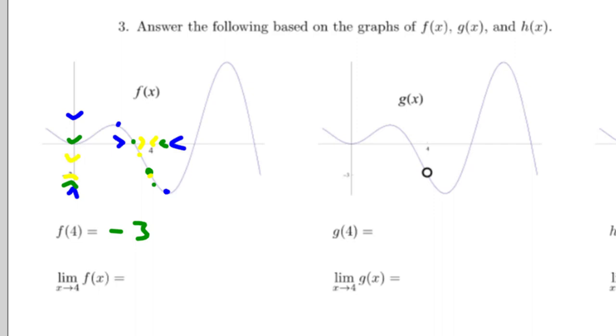What are we seeing? As the x values get closer and closer to 4, the y values are getting closer and closer to what number? -3 again. So in this case, the functional value and the limit value agreed with each other.